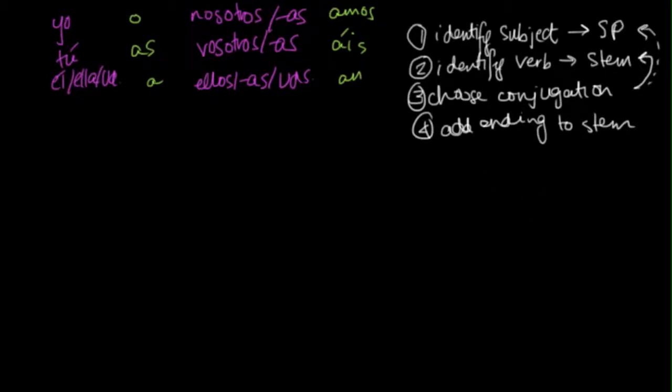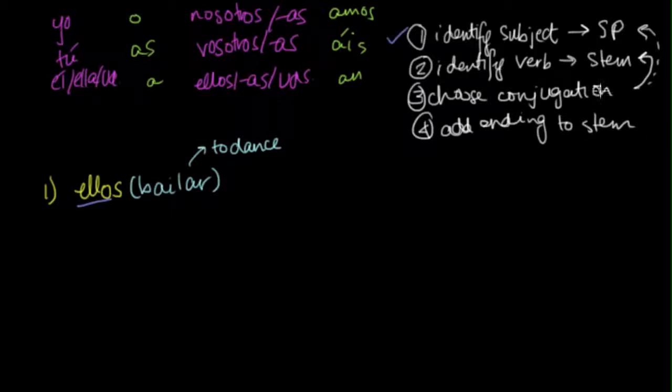So our first example, we'll stick with the subject pronoun for this first one. And we'll say our subject is ellos, and our verb is bailar, which means to dance. So first thing we do, identify our subject. Pretty easy, ellos. It's already a subject pronoun, so we don't have to worry about that. Step 1, done. Step 2, identify our verb and make it into its stem.